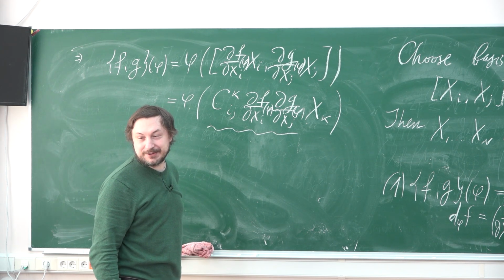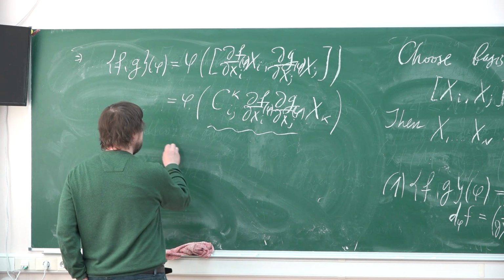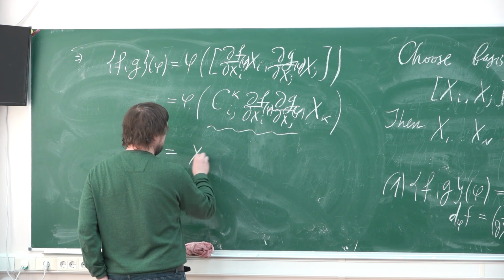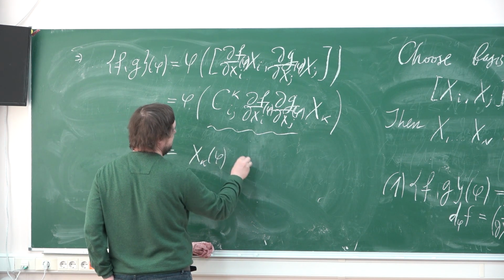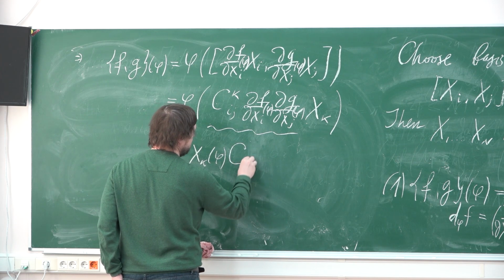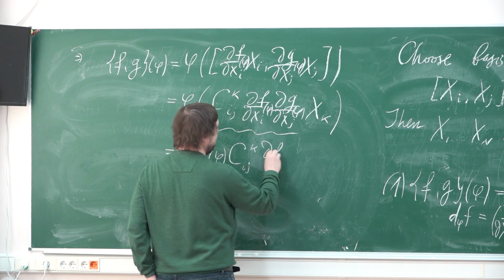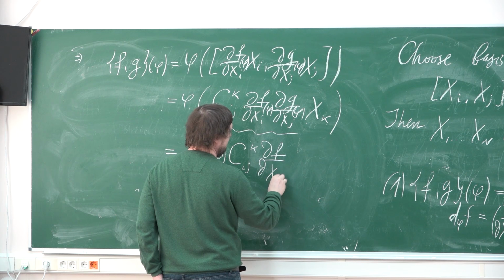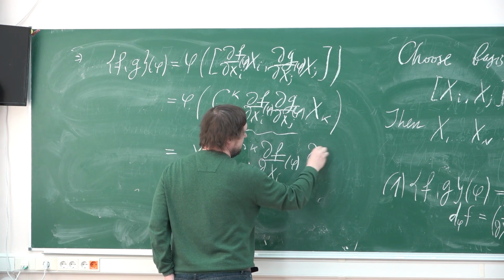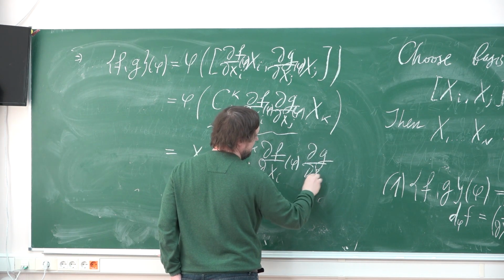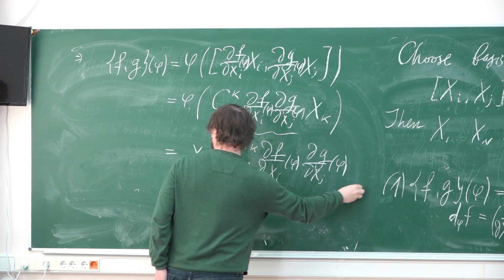So again, abusing a little bit of notation, we obtain the following formula. xk of phi times C i j k, df dxi of phi, dg dxj of phi. So this is the formula.